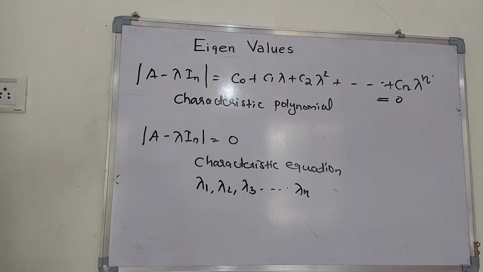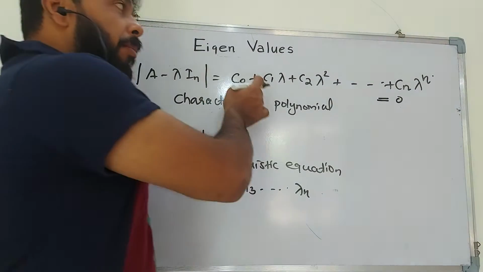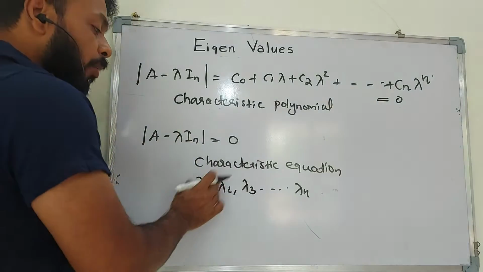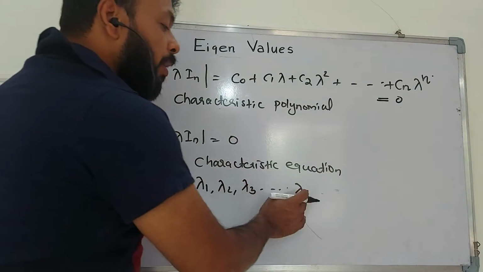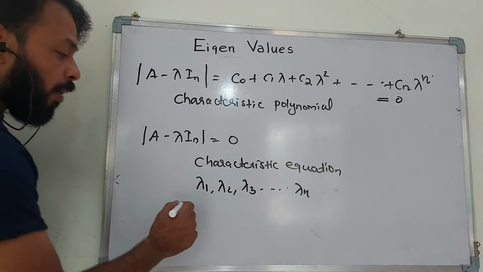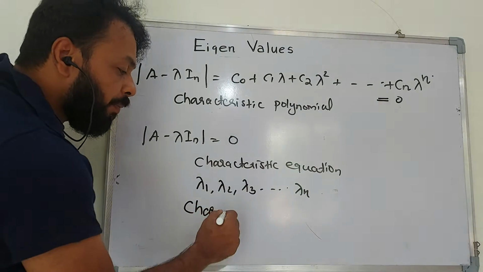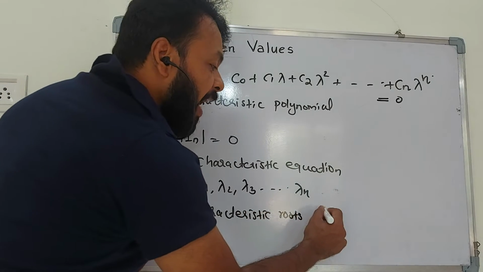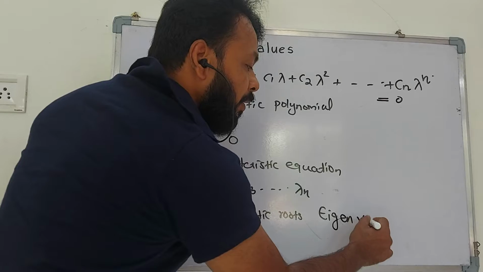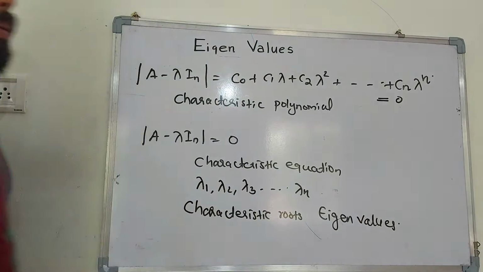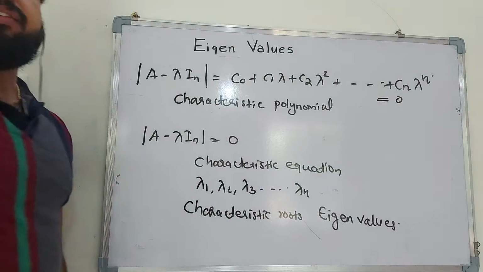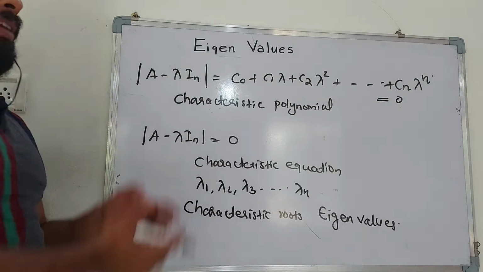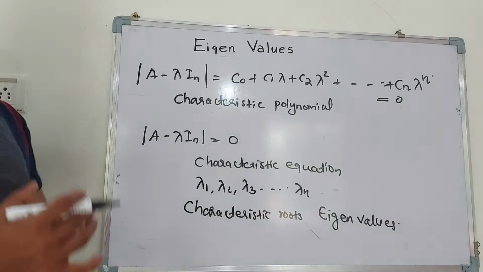Since it is a polynomial equation of degree n in lambda, there will be n roots. They are called characteristic roots or eigenvalues. The eigenvalues of a matrix are the roots of the characteristic equation. This is the formula for finding eigenvalues, and the actual theoretical definition we are yet to come to.